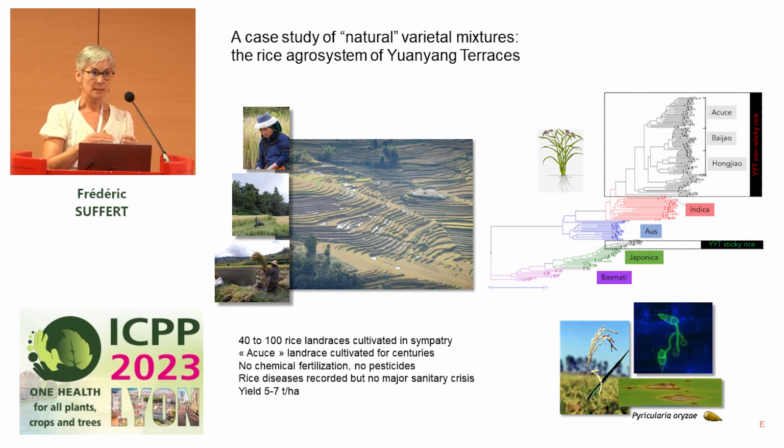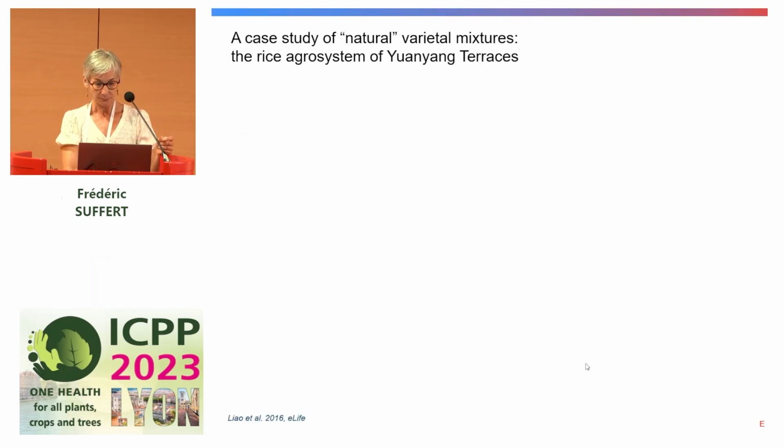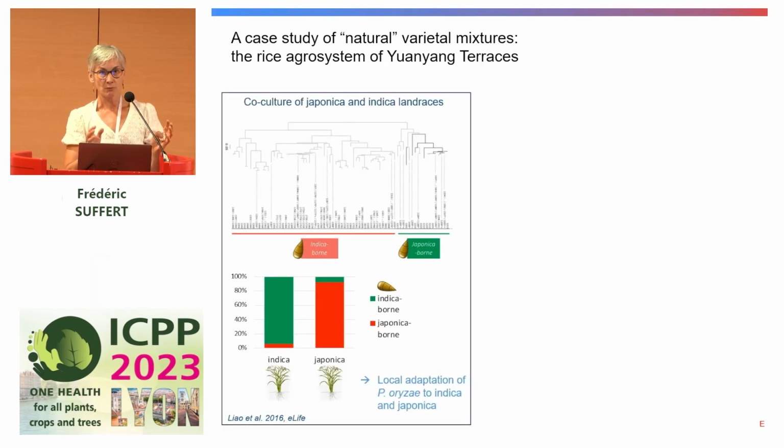We investigated the consequences of this huge cultivated diversity on the population structure and evolution of the blast disease, Pyricularia oryzae on rice. The first question was, what is the consequence of the co-culture of the two different rice types, japonica and indica?